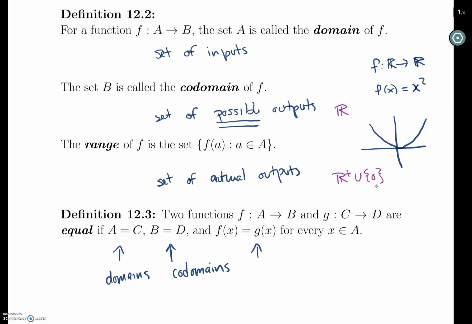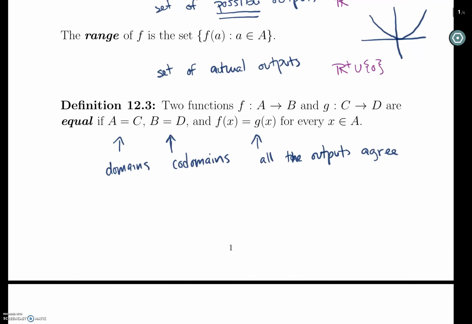And then all the outputs have to agree. Those are the three things you need to check. So, again, if two functions are equal, we need to check that the domains are the same, the codomains are the same, and all the outputs agree.